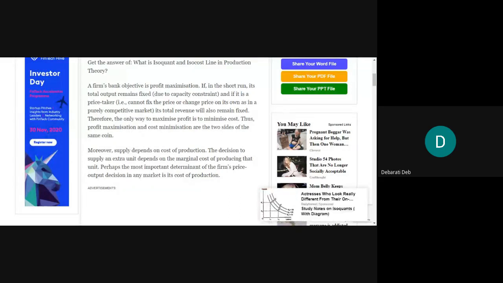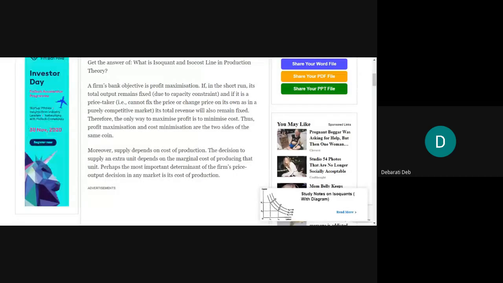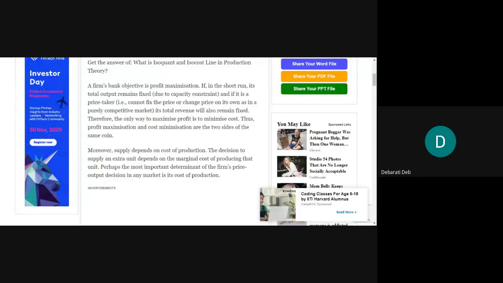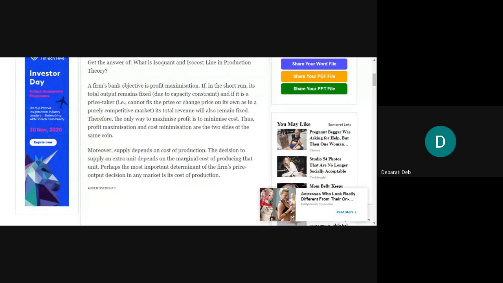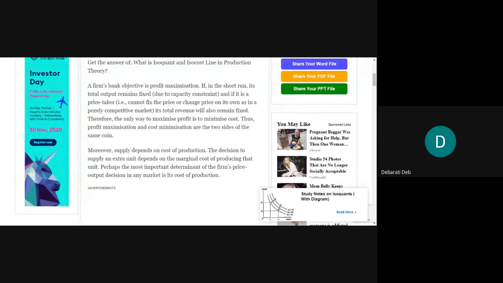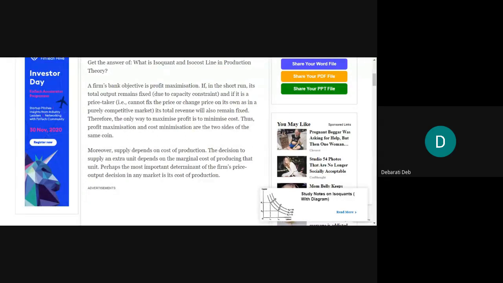The firm has invested money in installing the capacity, and for a period of say 1 year or 2 years it cannot increase its capacity because lots of investment has already been incurred, and at the moment the firm doesn't have the financial ability to increase its capacity. So there is a constraint on its total output generation. Thus, its output will remain fixed for a certain period of time in the short run.